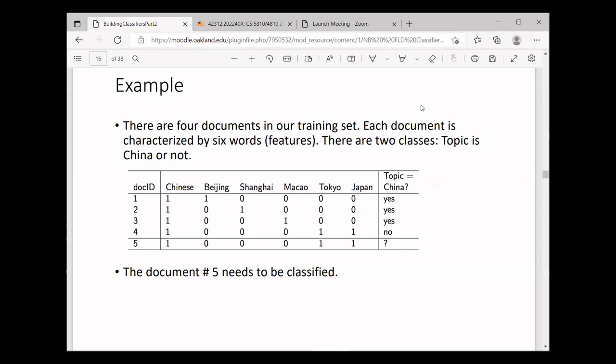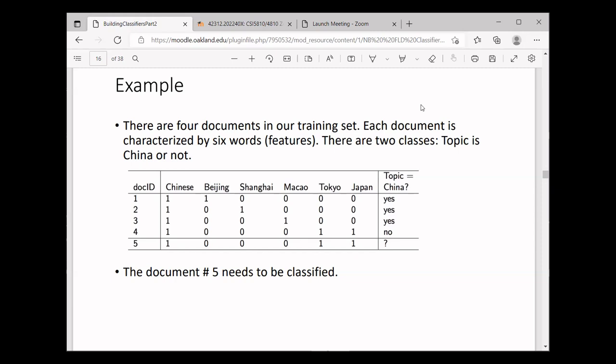So basically, you're trying to figure out whether a particular document is about China or not about China. Those are the 2 classes. So the 4 training examples that you have.